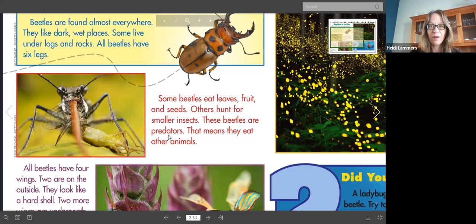Say carnivore. Carnivore means that an animal eats another animal. I did not know that some beetles hunt or are predators for other small insects.